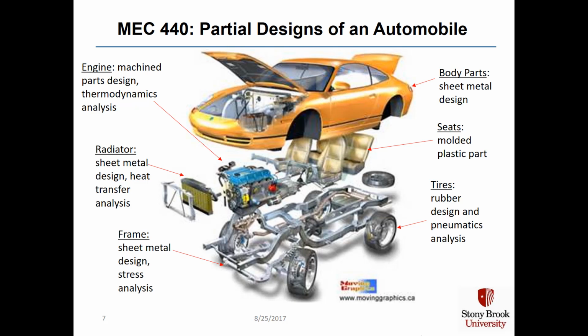Schooling in sheet metal design and heat transfer gives the partial design skills you need to design the radiator. To design the frame, you need to know sheet metal design as well as stress analysis using FEA software. For the tires, you need to know how to design rubber parts, and skill in pneumatics is needed too. To design the seats, you need to know about design of molded parts, in this case with recycled plastic fibers.